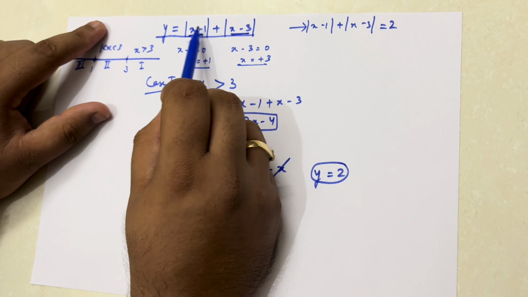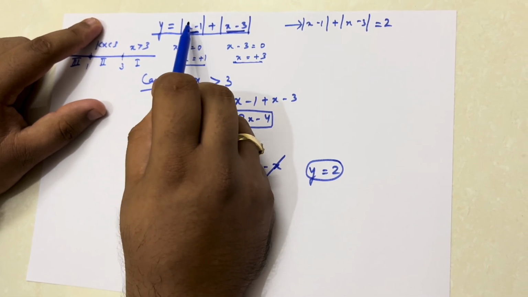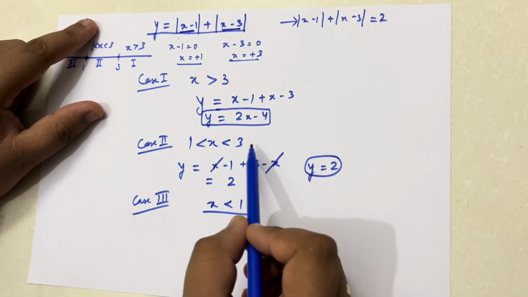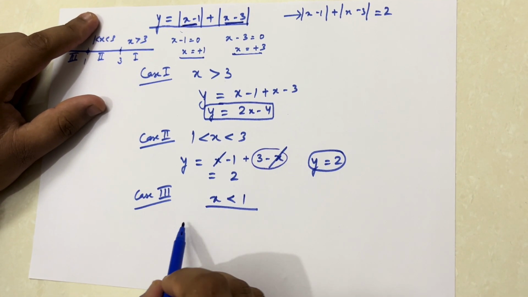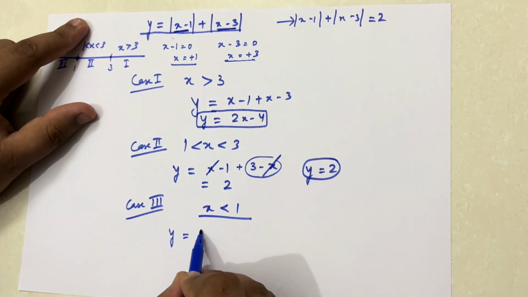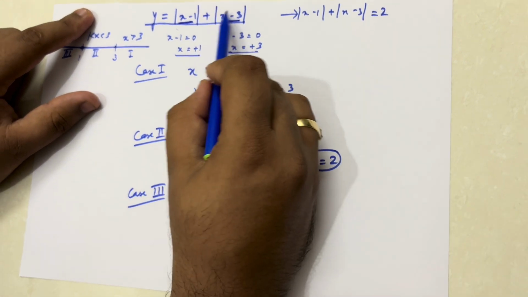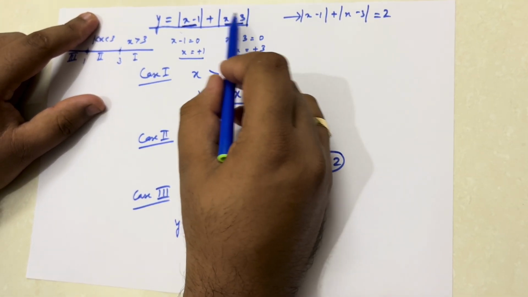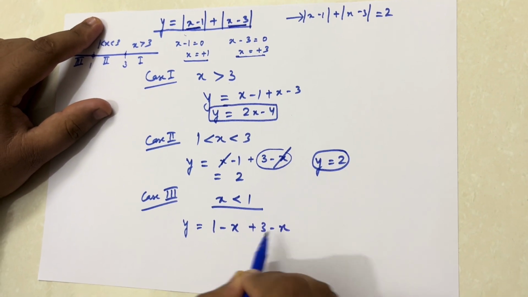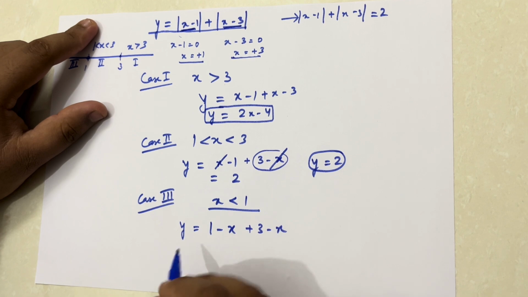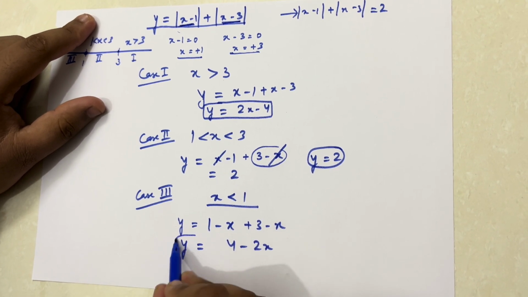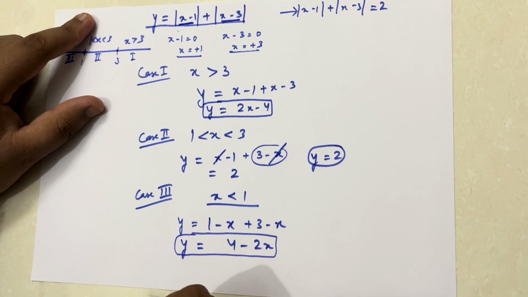If I write 1 minus x, just the reverse, this part becomes positive and then you can remove the mod, just as we did for the earlier part. This other part is also negative since x is less than 1, so make it positive: plus 3 minus x. I am just reversing the symbols, and this is the equation that you get. So y equals 4 minus 2x. This is the equation when x is less than 1.